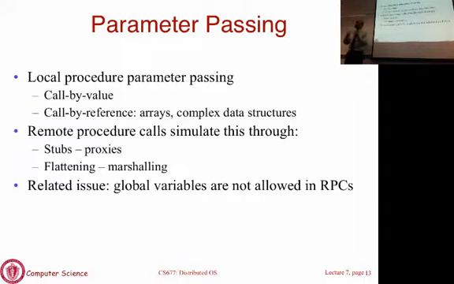If you are passing an array, you take the entire array, make a copy of it, and send it over the network. Every time you pass by value, you make a copy of whatever you are sending, whether it's a simple variable or a complex data structure. So call by value is the default scenario in remote procedures.